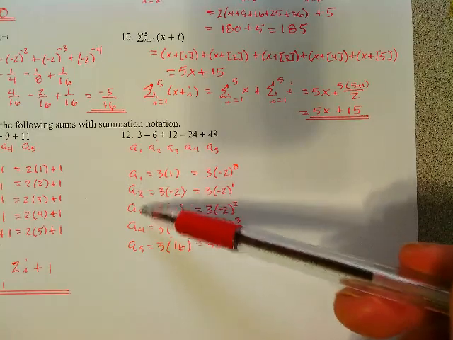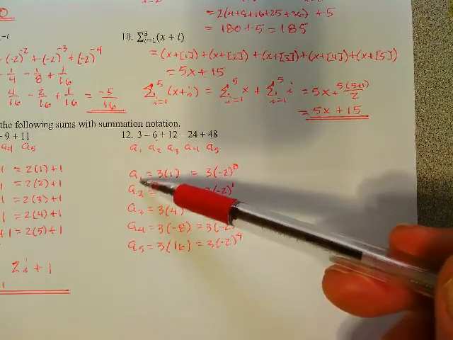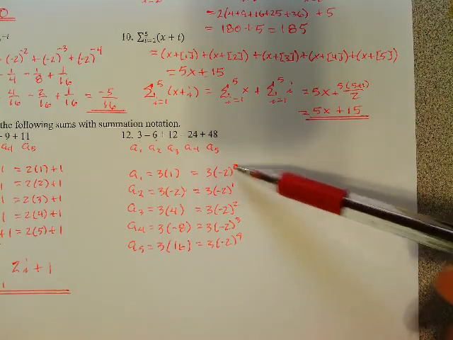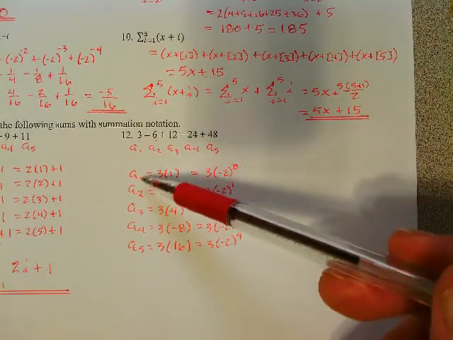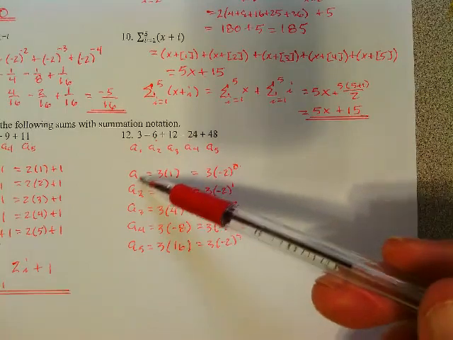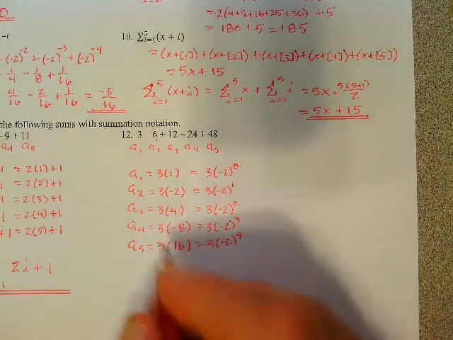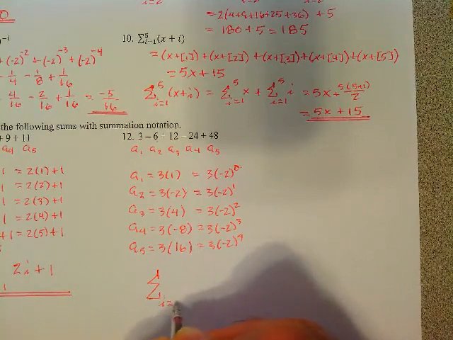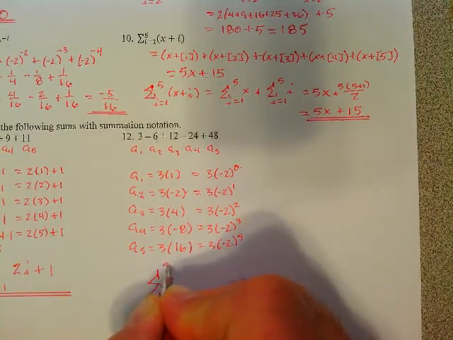Here I have 1, 2, 3, 4, 5. These are all one more than those, or another way of looking at it, these exponents are all one less than my counting number here. So I can summarize this with i going from 1 to 5 again.